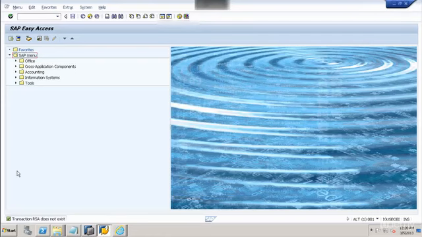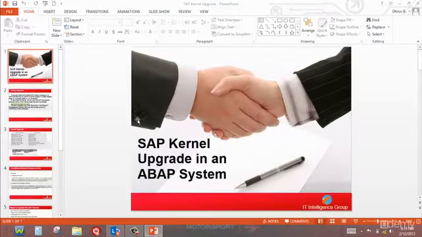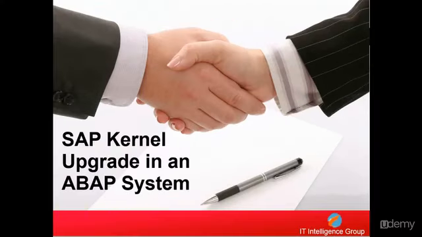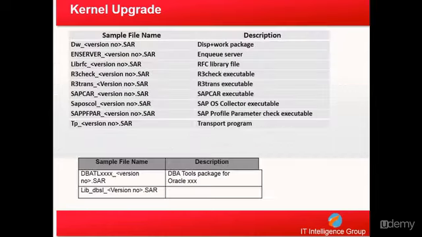Now let me go to the PPT and show you the next steps for kernel upgrades. Let me click on this PPT file and walk through it with you. As the next step, we just saw this page showing how you can download the kernel files from the SAP marketplace.